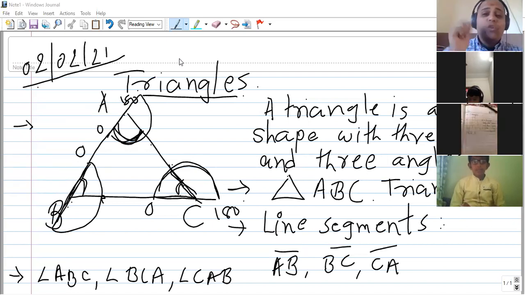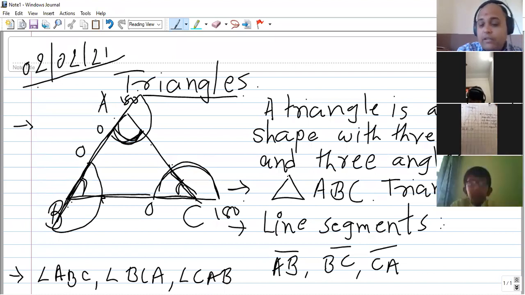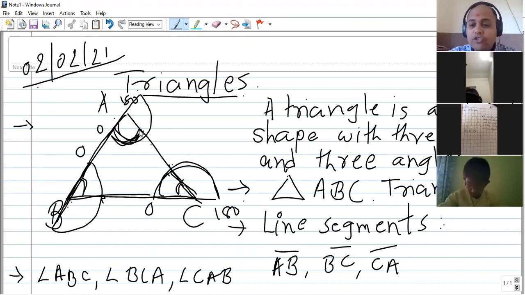We don't say B to C. We say angle ABC. That is angle B. If we say angle ABC, then it means this angle. If we want to say angle C, we can go for that particular alphabet. So angle B is equal to whatever angle you have found out, or angle C, or angle A. Always remember, this is very important.